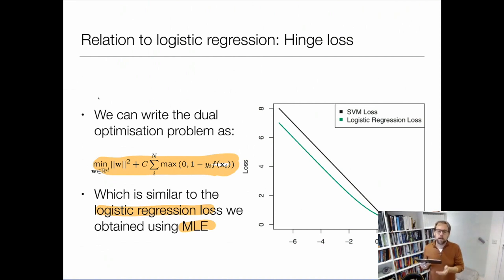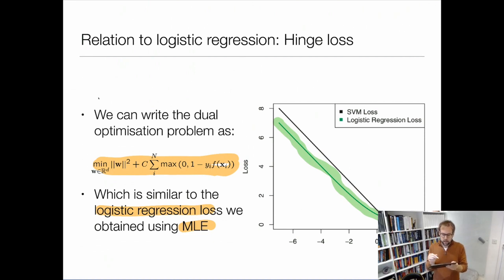If you plotted the loss function, you will get this shape here, which is this green line, which would be the loss function from the logistic regression. And we see that writing it in this form, the loss function from the support vector classifier looks quite similar, and it has this kinky form because of this maximum here.